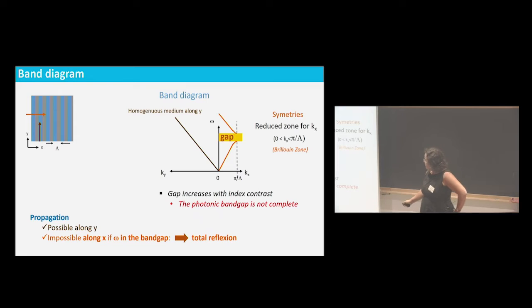So if I want to enter the material here, it cannot propagate along X with a frequency which is here. As it does not propagate inside the material, the only possibility for this wave is to be reflected.